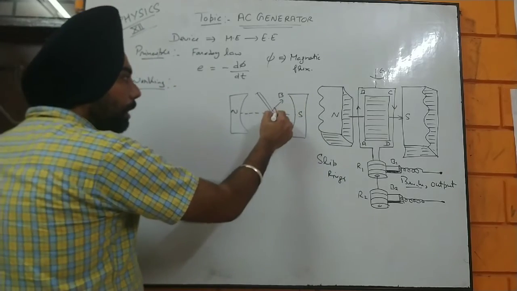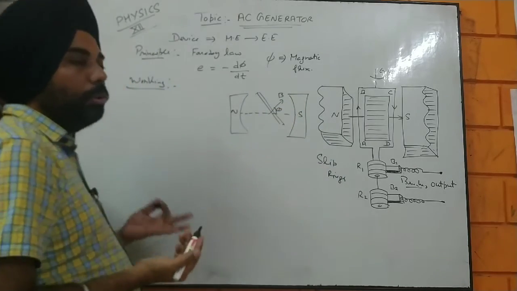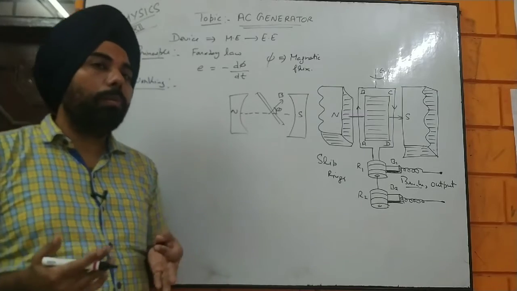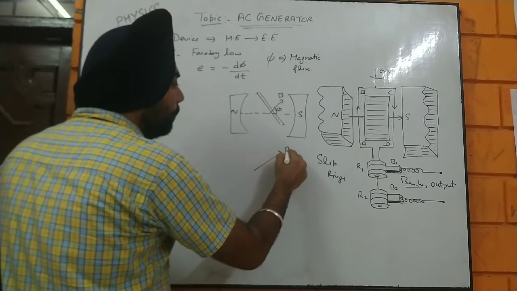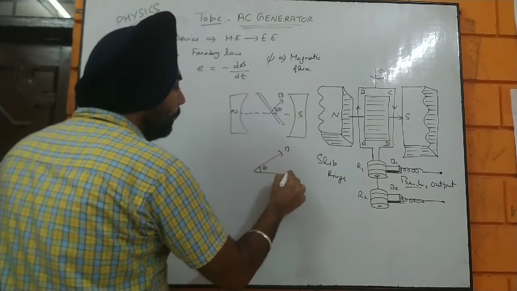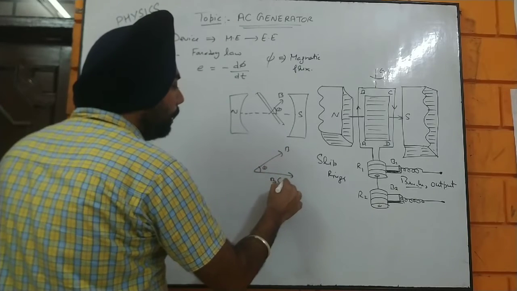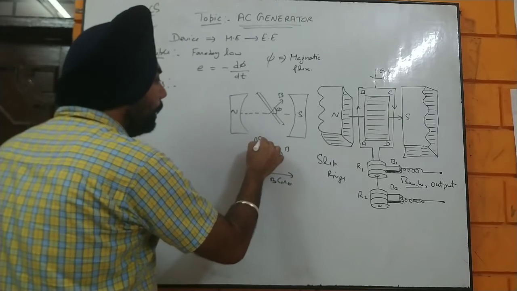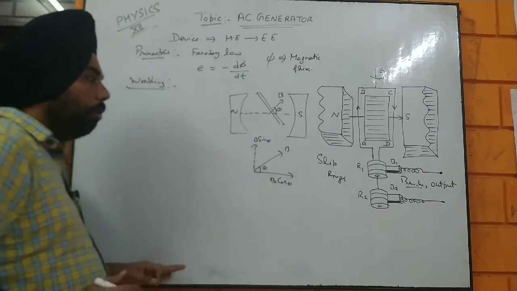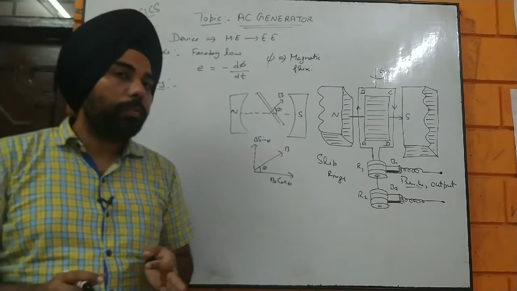Now if that is our angle theta, as you know, we can resolve B into two components: B cos theta and B sin theta, one with cos, one with sin.